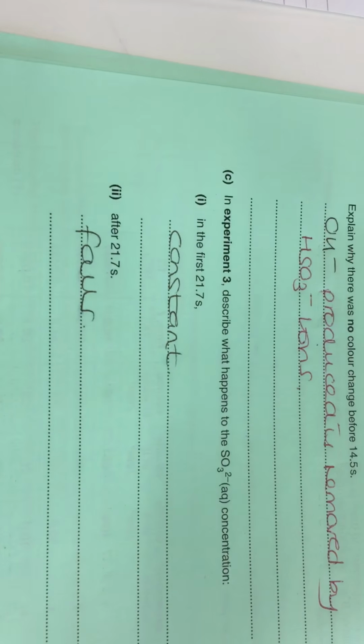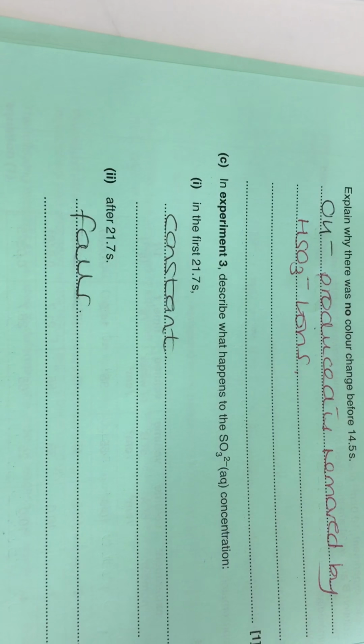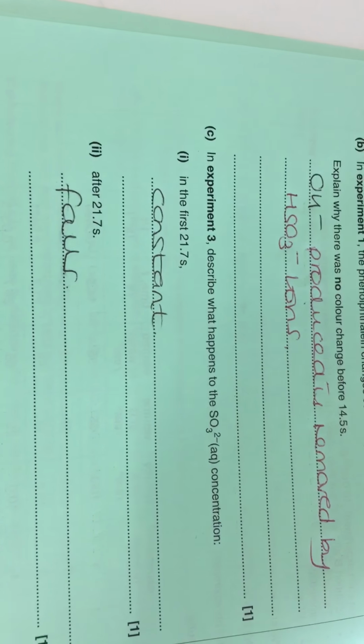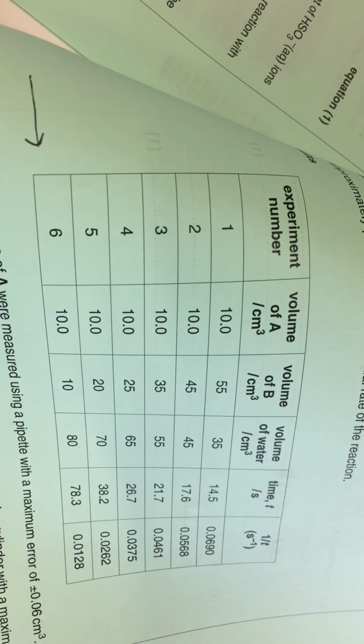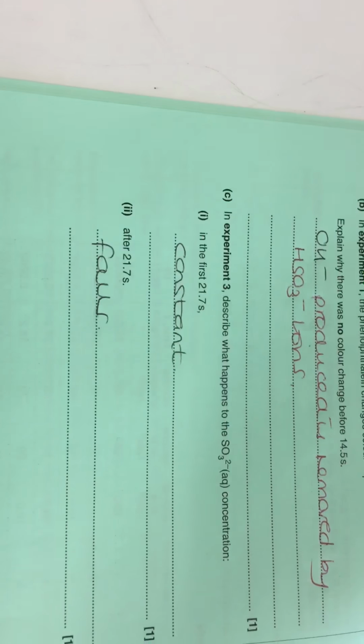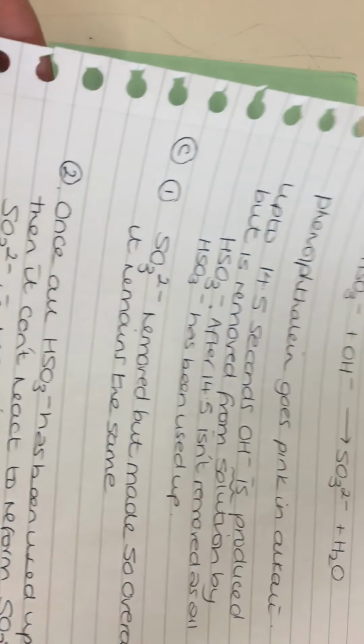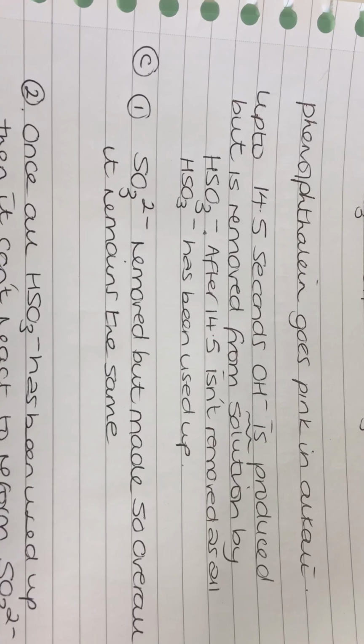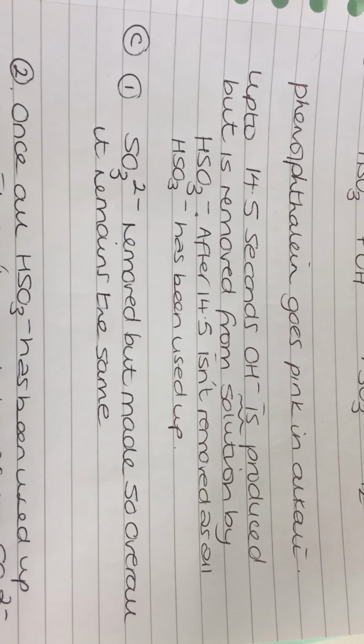In experiment 3, describe what happens to the SO3 2- concentration in the first 21.7 seconds and then after 21.7 seconds. And it's specifically 21.7 seconds because that is the time t that was measured. Now the reasons for this, in the first part, we know the SO3 2- is removed, but it's also being made.